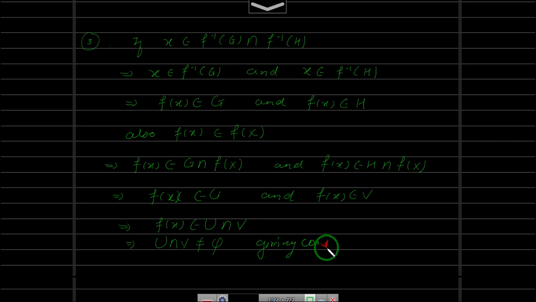contradiction. Why is this a contradiction? Find it out. Okay, so this contradiction means our hypothesis is wrong, and hence the inverse image of G intersection inverse image of H is empty.